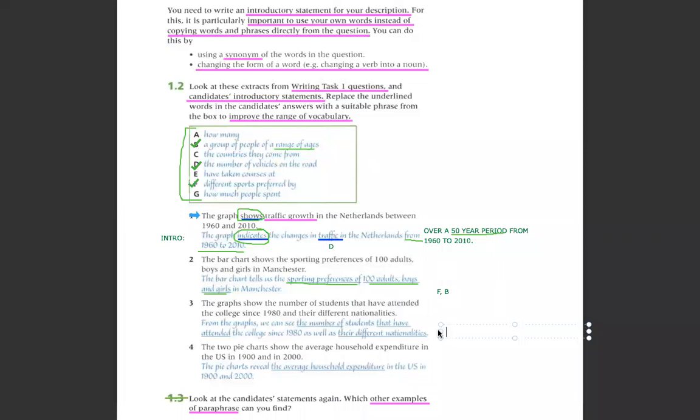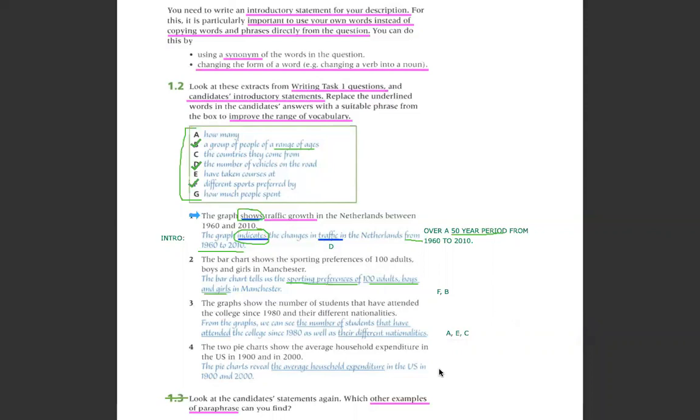Remember, you're looking for all 3 paraphrases. Paraphrase for the number that have attended and their different nationalities. So the first one is A, how many? The second one is E. If you don't know the last one, please have a look now and type it in the chat box. So what is a paraphrase for their different nationalities? Okay, the last one is C, good.